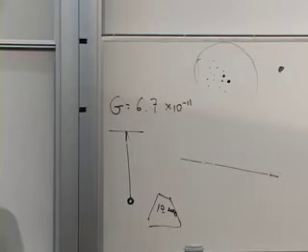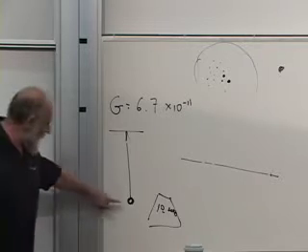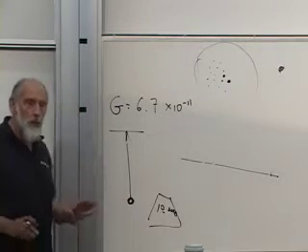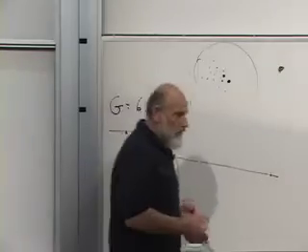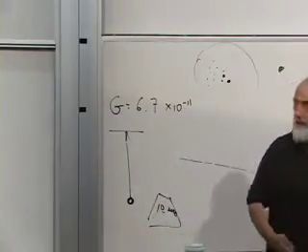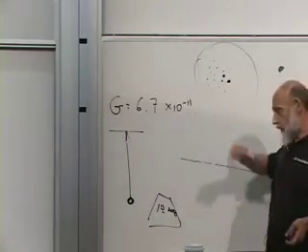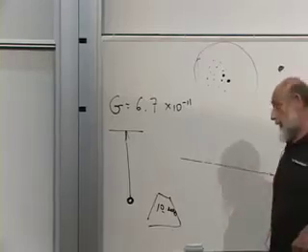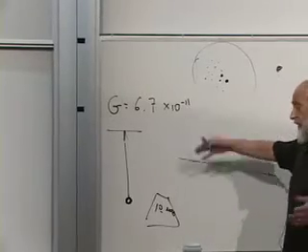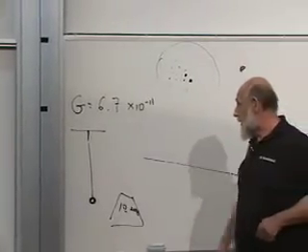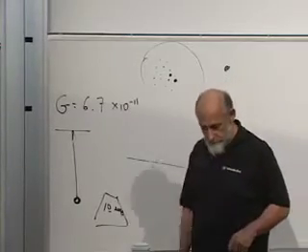Guess what happens? Undetectable. You cannot see anything happen. The gravitational force is much, much weaker than most other kinds of forces, and the fact that it's so weak is encapsulated in this small number here.